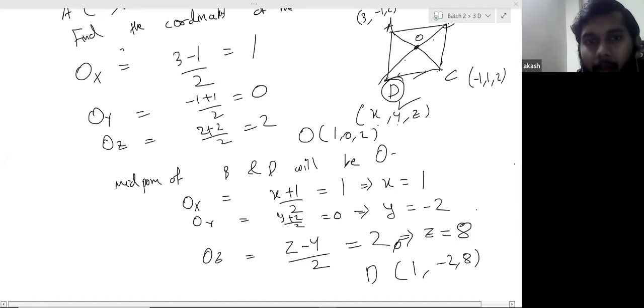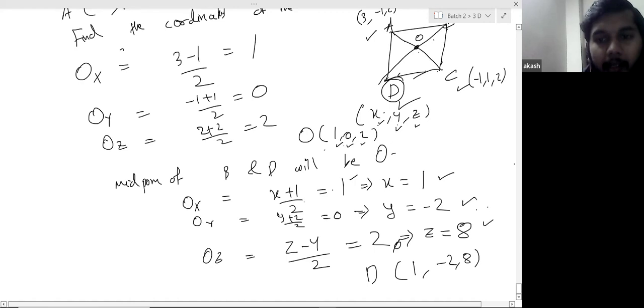Now I know the coordinates of A and C. So I found the coordinates of O first, that is 1, 0, 2. Now to find the values of x, y, and z, I again found the midpoint O by finding the midpoint of B and D. Right? How to do that? X coordinate, add the x coordinates, divide by 2, right? Midpoint formula. And that would be equals to x coordinate of O, that is 1. In this way I can find the value of x. Same way y and z. Clear, Rahman?